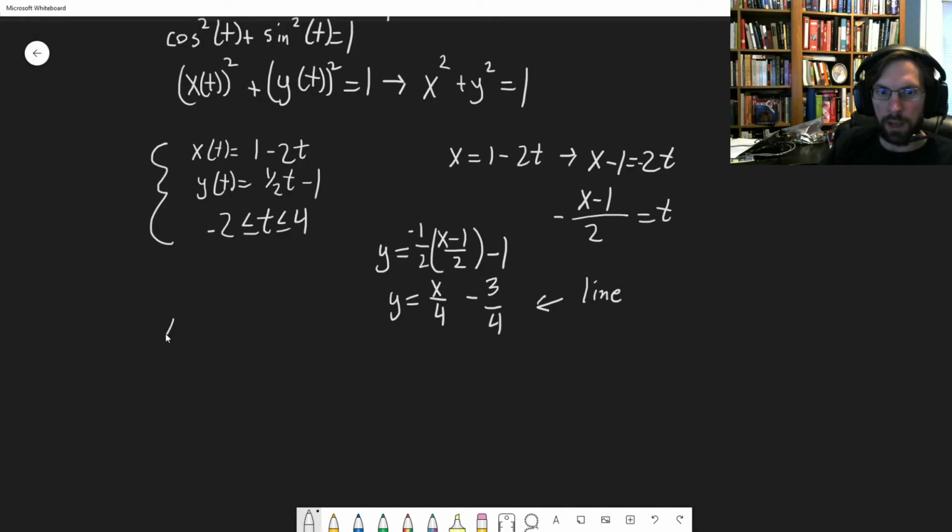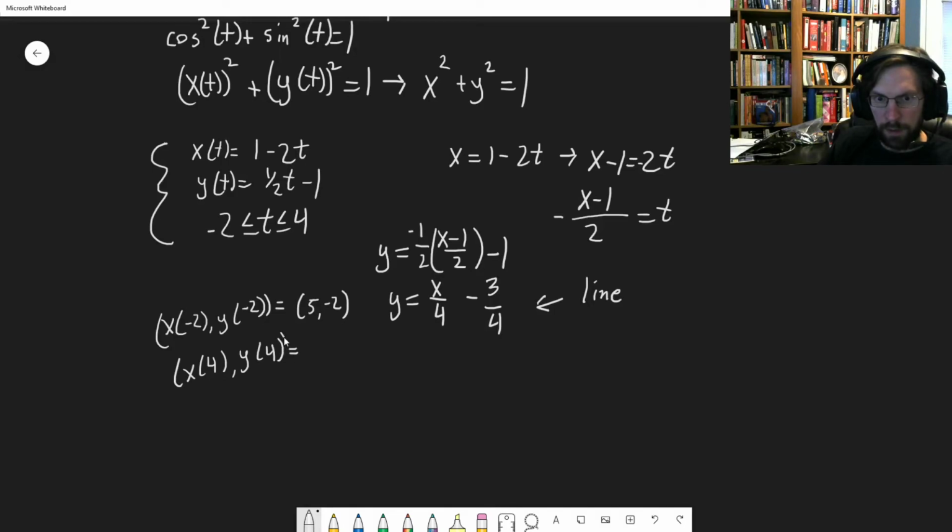So we know x of negative 2, y of negative 2 should be equal to 5, negative 2, and x of 4, y of 4 is going to be equal to negative 7, 1.